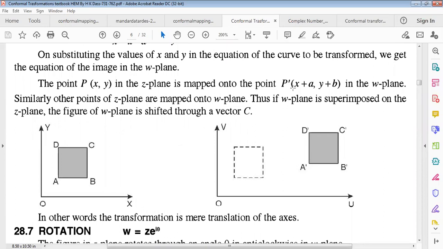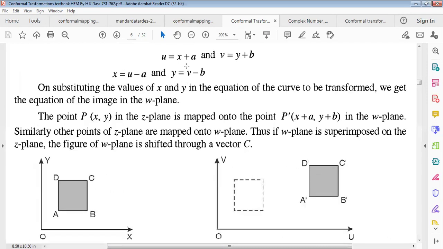It is mapped onto the point P dash, x plus a, y plus b, after transformation. So u equals x plus a and v equals y plus b. P is transformed to another point. That is called translation on the w plane.